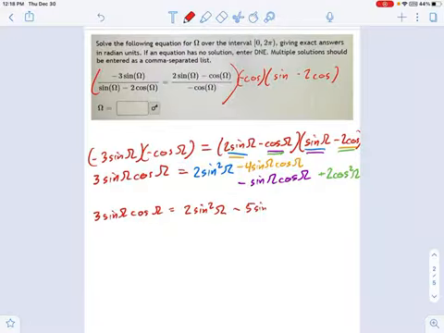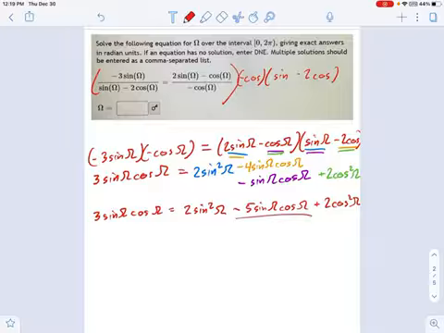I have 2 sine squared minus 5 sine cosine, and let's just be official about this and use angles: 5 sine omega cosine omega plus 2 cosine squared omega. So I've got some work to do, and obviously combining like terms is where I want to start.